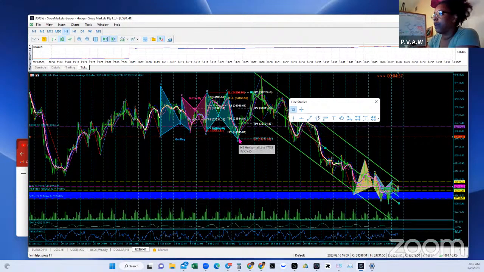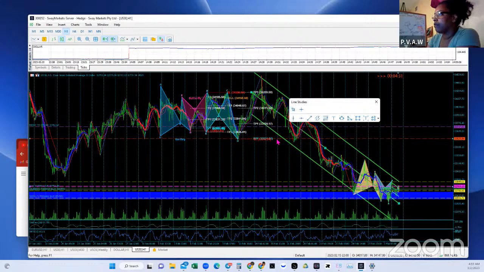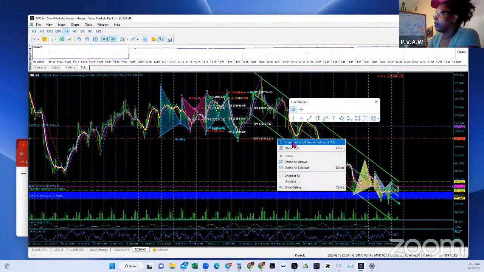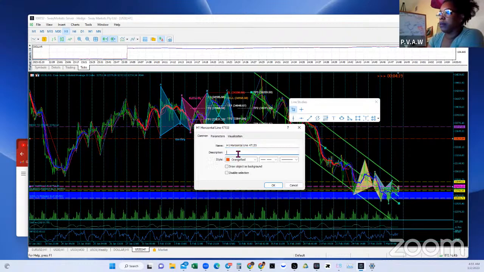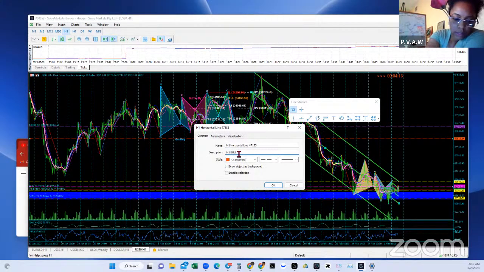So basically a bullish butterfly at 33531.51. H1 bullish Gartley entry, right?